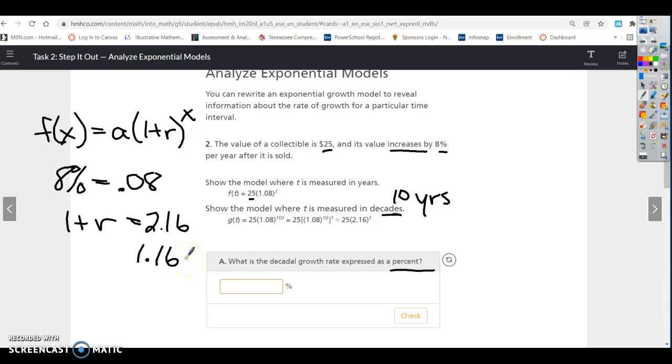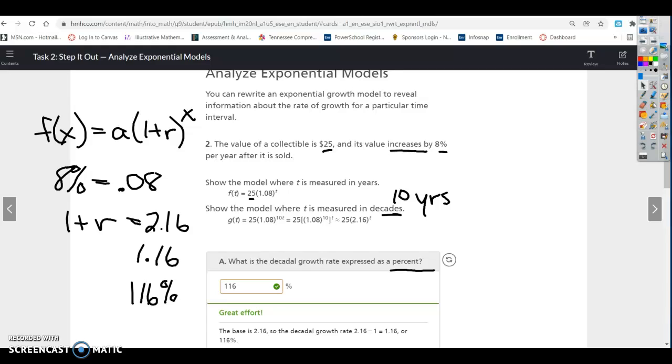So that would be 116%. So in the course of 10 years, or over a decade, the value of that collectible will go up 116%. So that's pretty good.